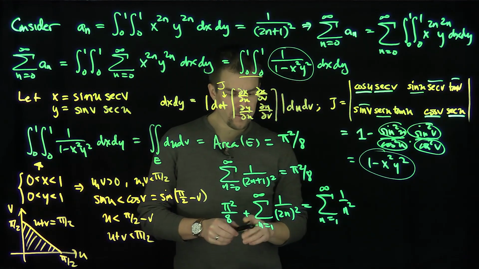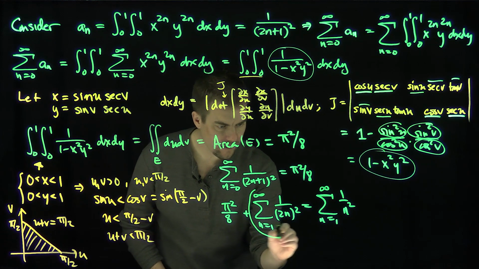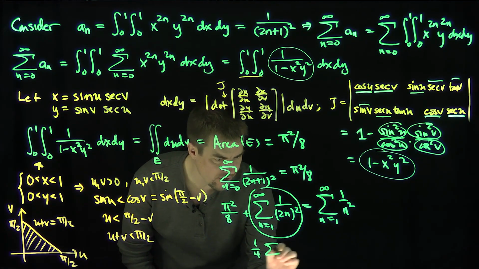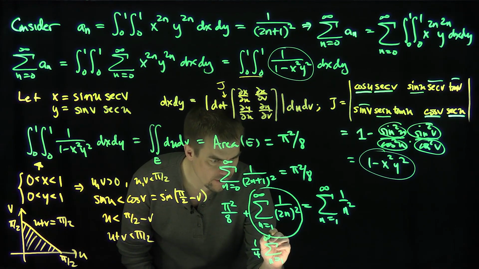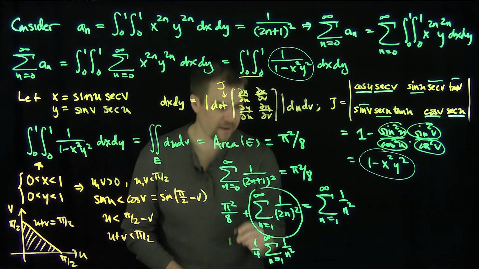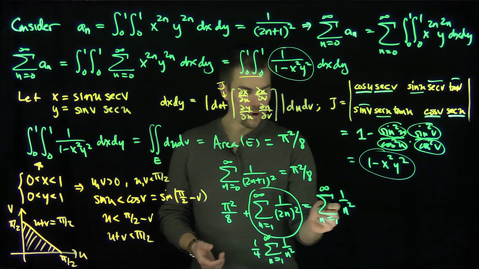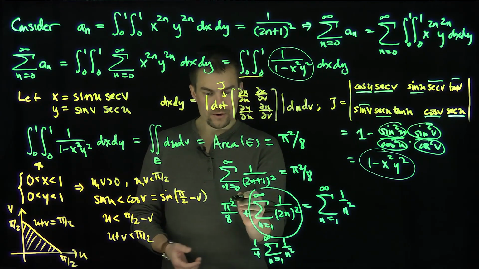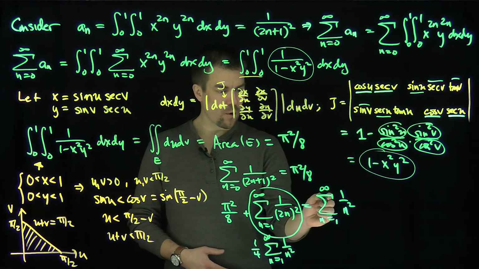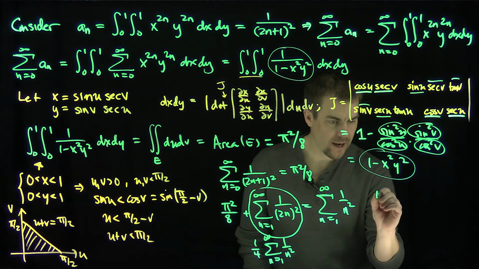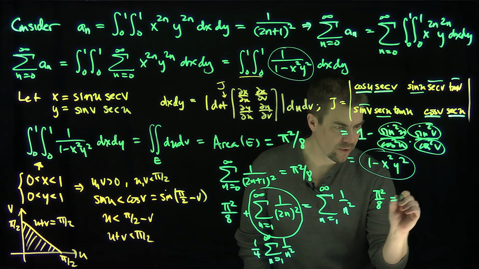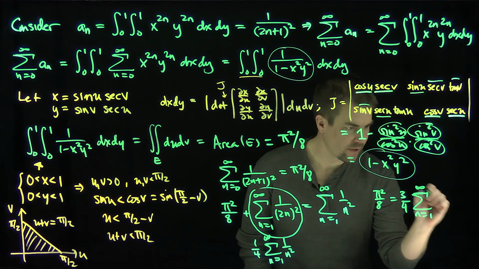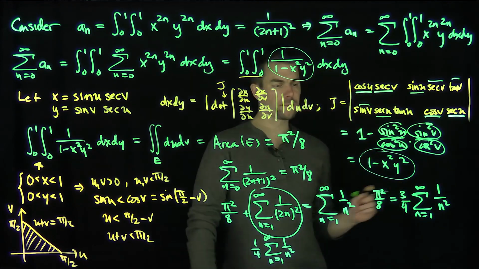But the key observation to make over here is that this sum over here is really 1/4 of the sum n goes from 1 to infinity of 1 over n squared, by pulling out that factor of 2. So in other words, I have one full copy over here, a quarter of it over here. So that says that pi squared over 8 is 3/4 of the sum n goes from 1 to infinity of 1 over n squared.